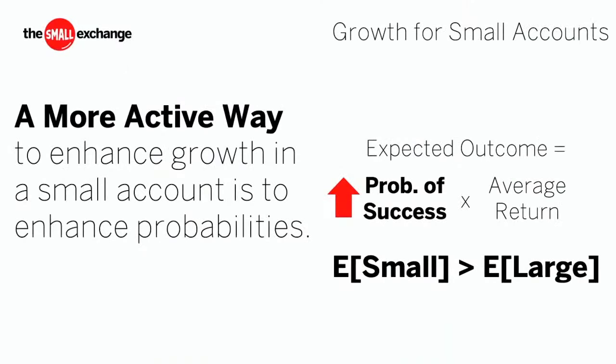Now let's get back to this formula, because I want to give you a couple of ideas before getting to the Q&A segment on ways to activate that other 80% of your account, because a more active way to enhance growth in a small account is to simply enhance probabilities. This is the other side of that equation. Increasing the probability of success while keeping returns steady can work in the same way that in the last scenario we kept the probability of success static and just increased our returns by using more efficient, less costly products.